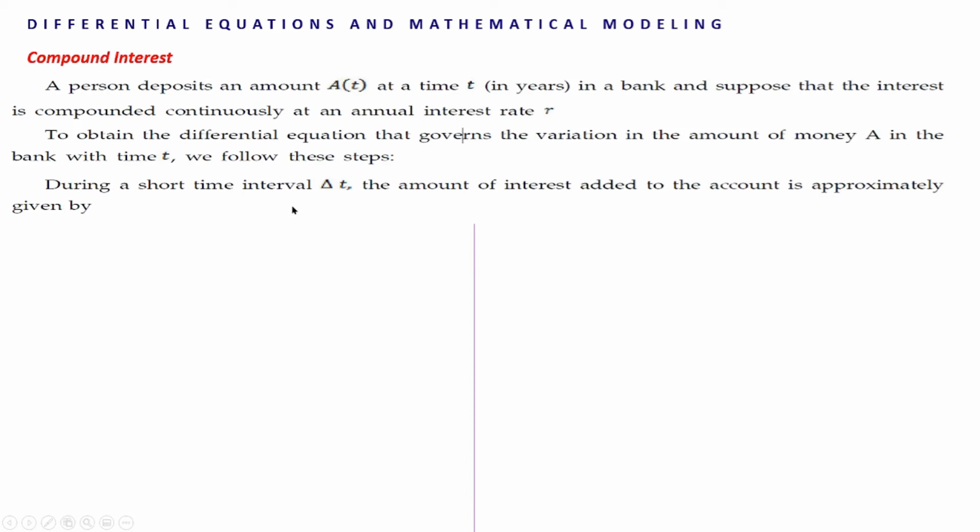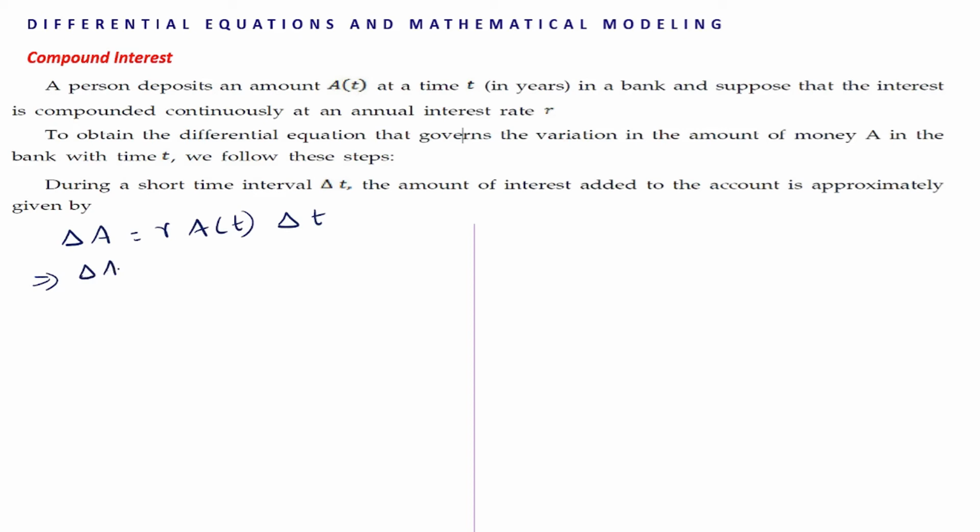During a short time interval delta t, the amount of interest added to the account is given by delta A equal to R into A of t into delta t.